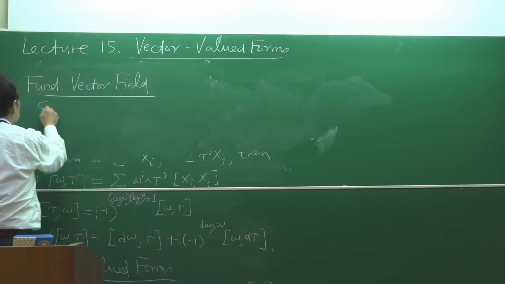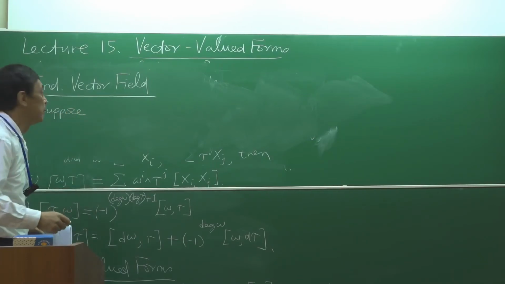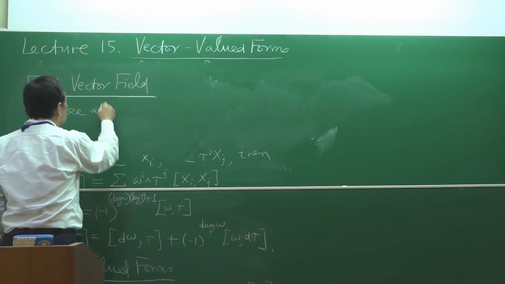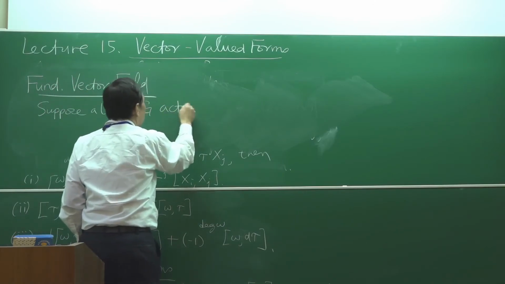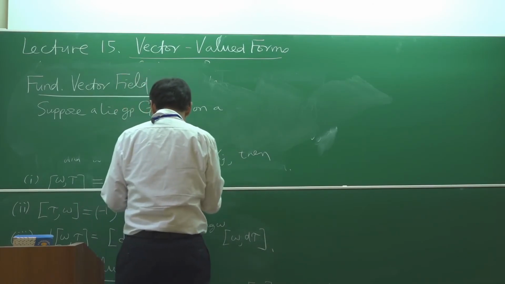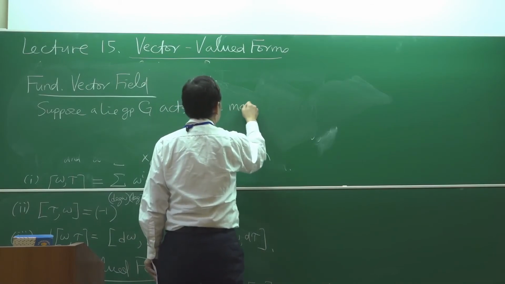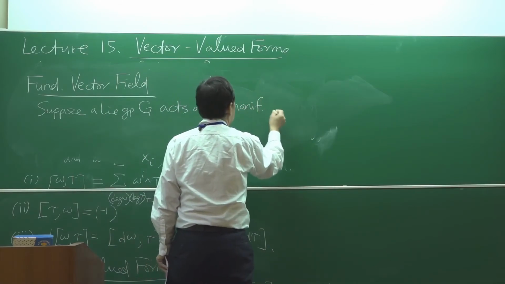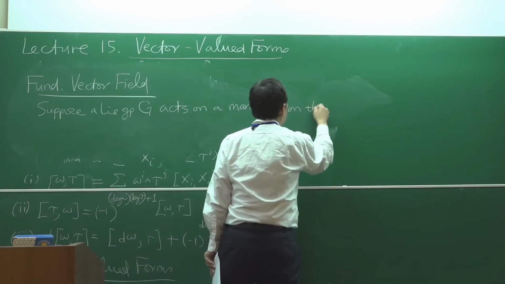So suppose a Lie group G acts on a manifold P on the right.